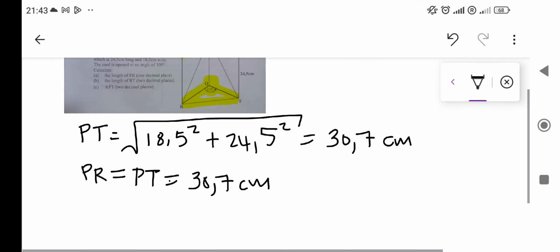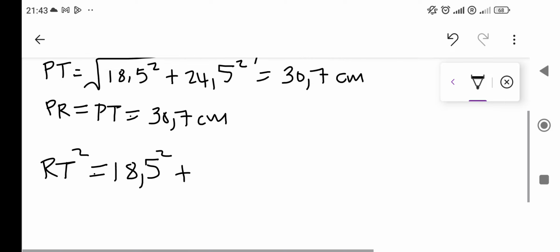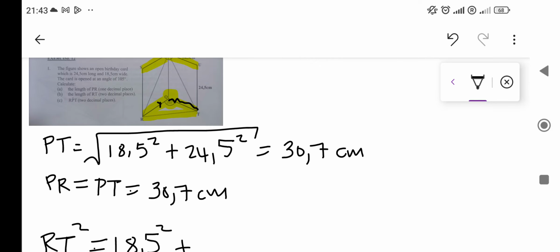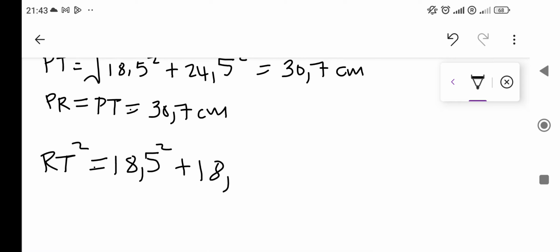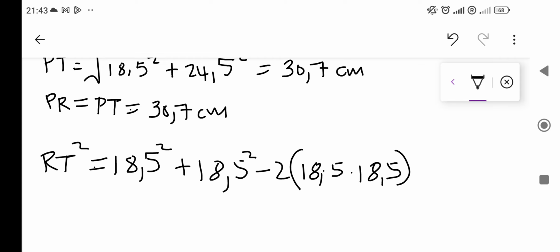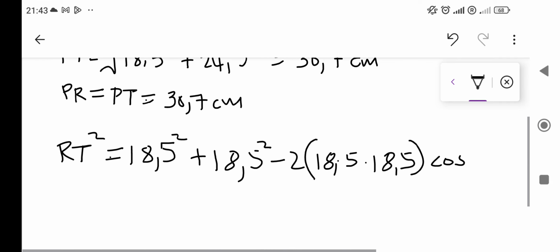RT squared is going to equal, let's put our values in, 18,5 squared plus, remember these two sides are the same, the other one's also 18,5 squared, minus 2 times 18,5 times another 18,5 times cos of our angle, and our angle is the 105.